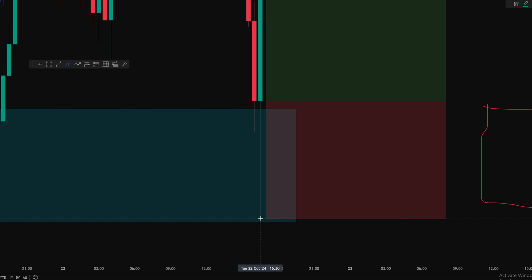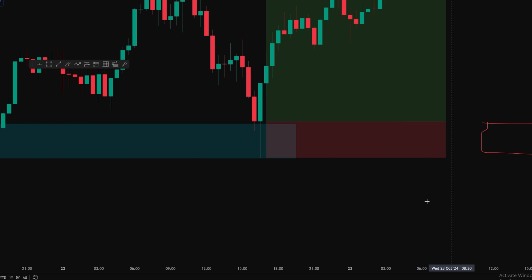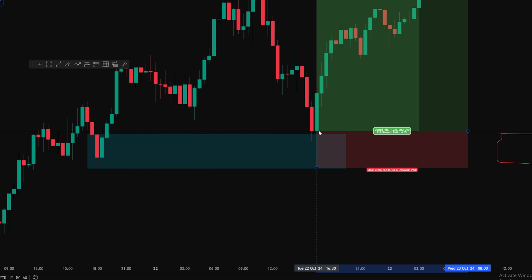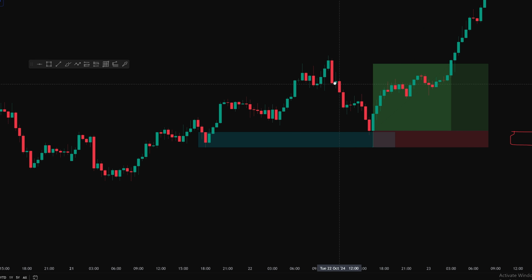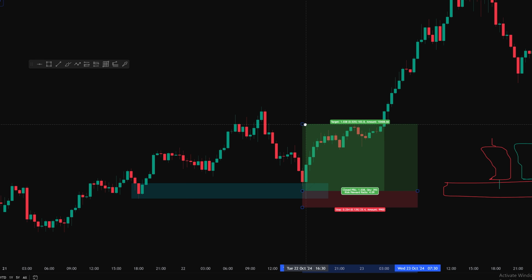But it came this deep. If it came all the way over here, it would be invalid. But since it came over here, not going through the zone, it came all the way back up and then flipped bullish. Once you flip bullish, you enter. That should probably explain what flip entries are. Pretty simple, I believe. As you can see, flip entries can be really useful sometimes.